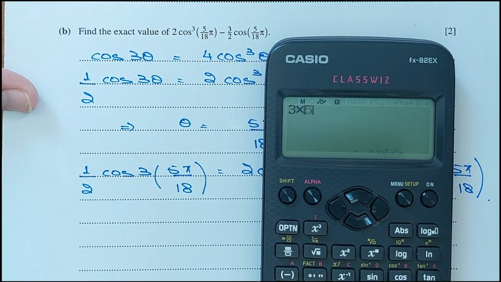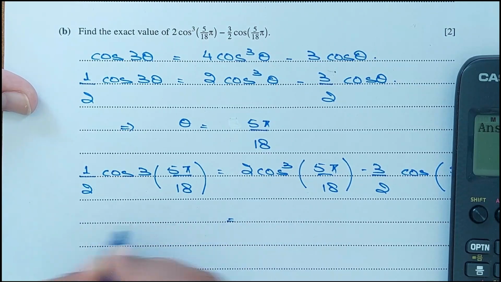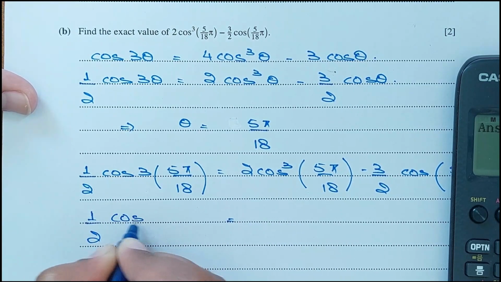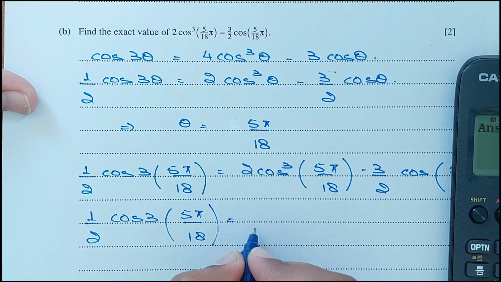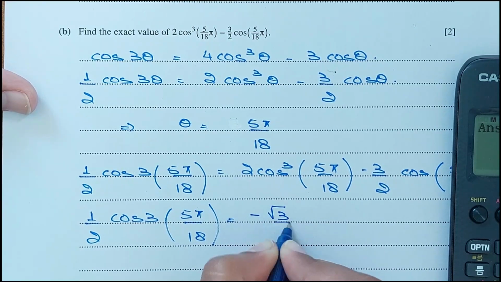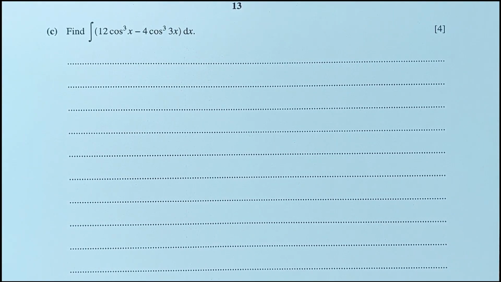We have 3 times 5 divided by 18, times pi, and cos of answer, and times 0.5. This is minus square root of 3 over 4. So 1 by 2 cos 3 into 5 pi over 18 is equal to minus square root of 3 over 4.